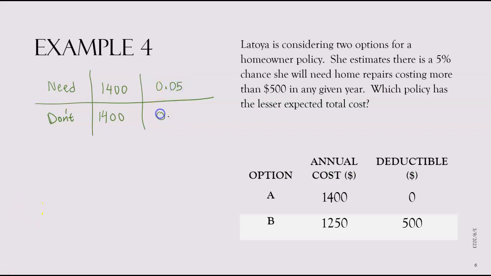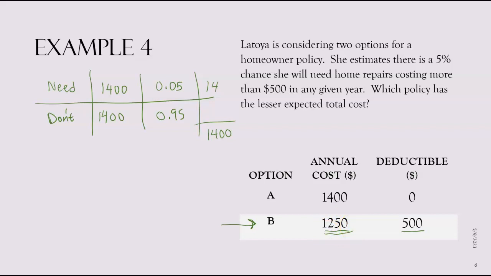And there's going to be a 95% chance that I don't need a repair, but it doesn't really matter because it's going to work out to be $1,400 in the end. Because the expected cost is going to be $1,400, I don't care because there's no deductible. But we have to do that same process for event B. In that case, if I need a repair, the cost is going to be this less this. If I don't need a repair, the cost would be just $1,250.